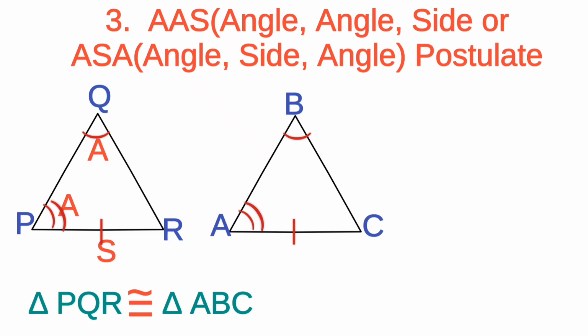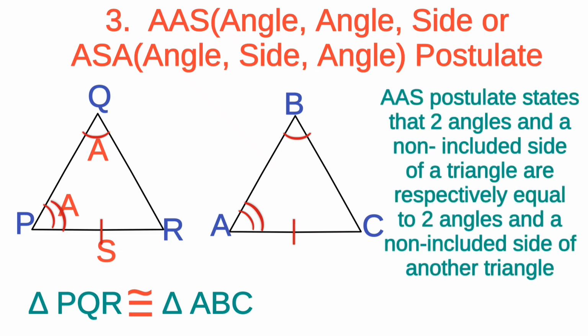So we can now therefore say that AAS postulate states that two angles and a non-included side of a triangle are respectively equal to two angles and a non-included side of another triangle. So we call it non-included side because the side given to us is not lying in between the given angles.